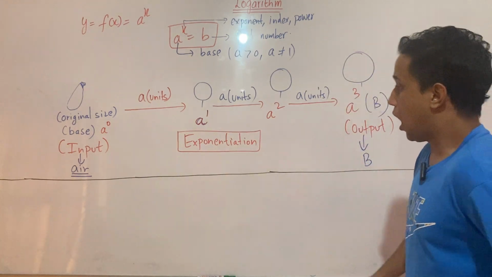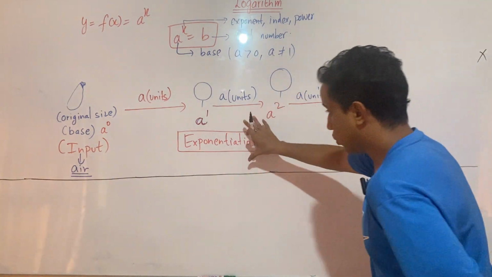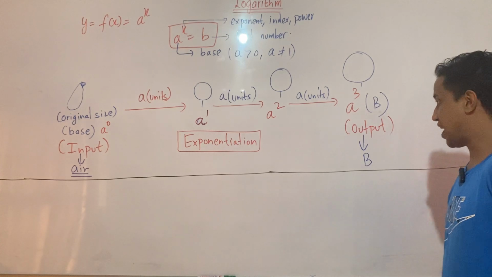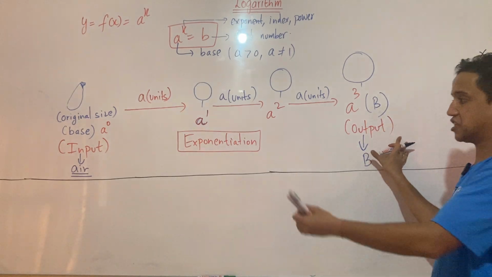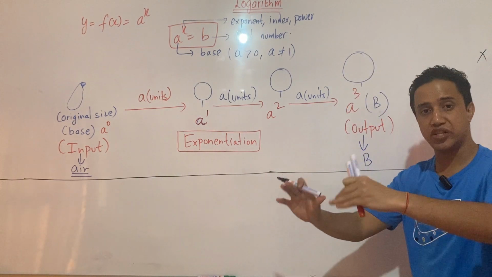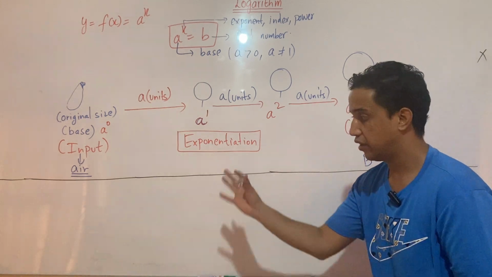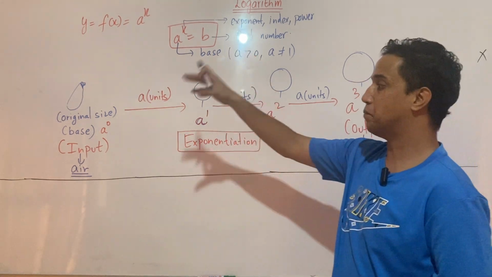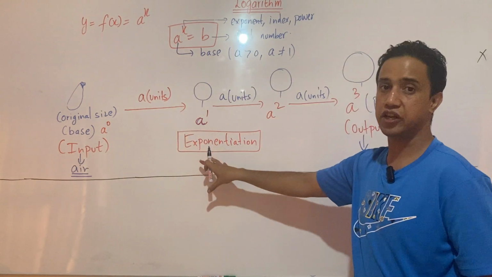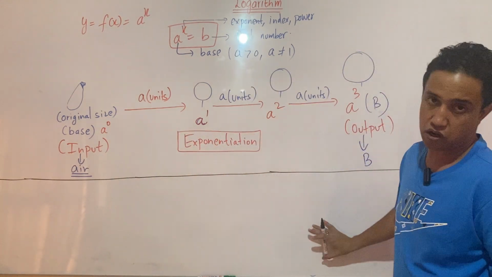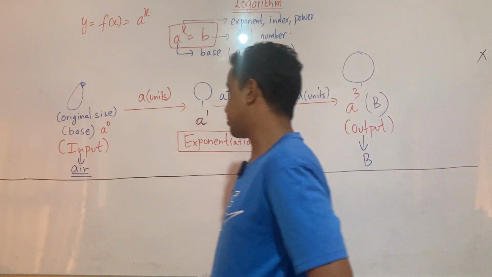Now, logarithm is the inverse of exponentiation, which means that the output of exponentiation becomes the input of logarithm, and the input of exponentiation becomes the output of logarithm. What does it mean?